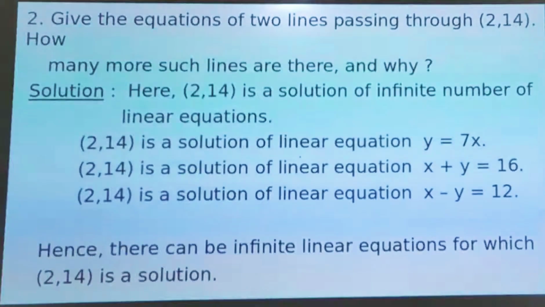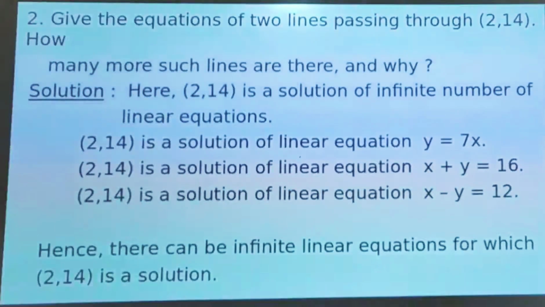And we also have to state how many such lines there are and what is the reason. Here (2, 14) is a solution of infinite number of linear equations, as a linear equation has infinitely many solutions. Similarly, one solution has infinite number of linear equations.